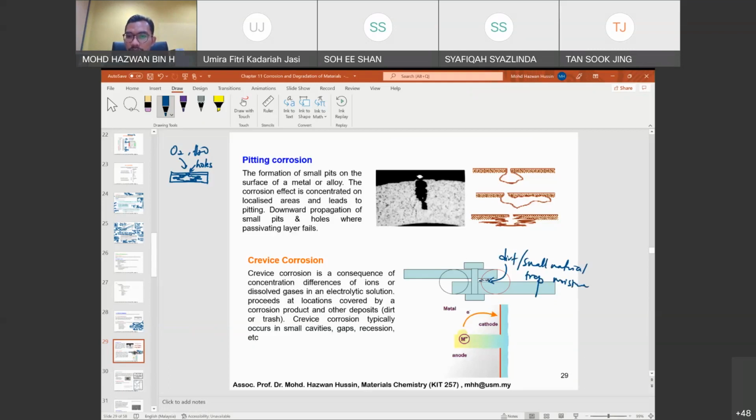So at the end of the day, you'll see that there is a lot of dust inside here. And if it is wet, then this part could be considered to have a higher concentration of water, and this metal can be exposed to corrode more easily than the other part, which is dry.